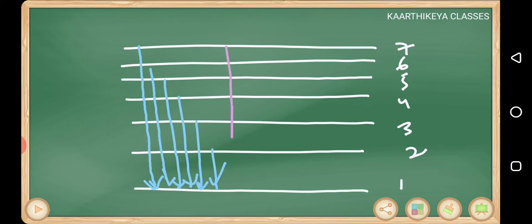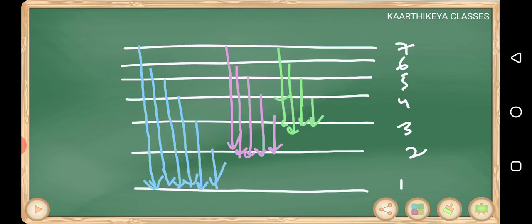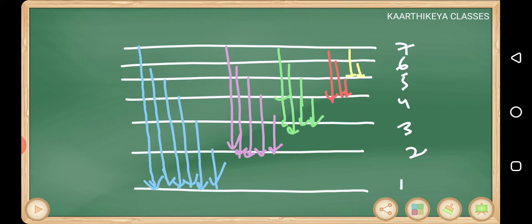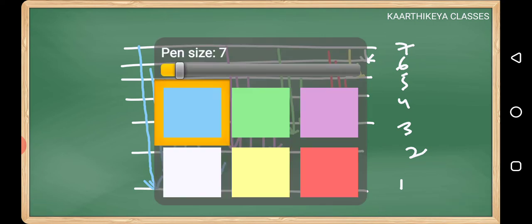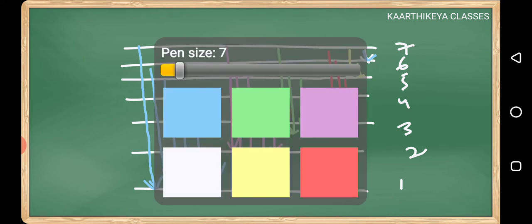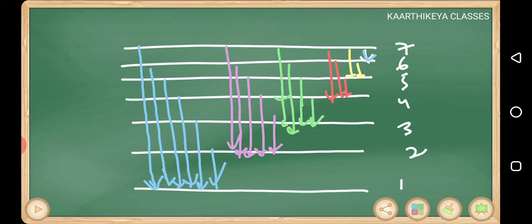Any to second level, any to third level, any to fourth level, any to fifth level, any to sixth level. This will give again series of lines.